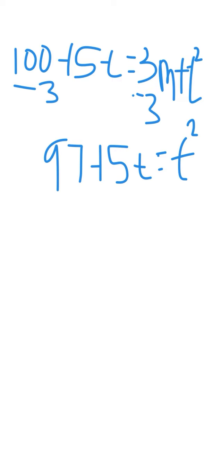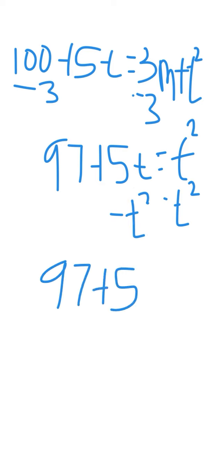Then you are going to subtract t squared from both sides, and this is for the purpose of getting this equation, 97 + 5t minus t squared equal to 0. Because with this equation, now we can apply the quadratic formula.